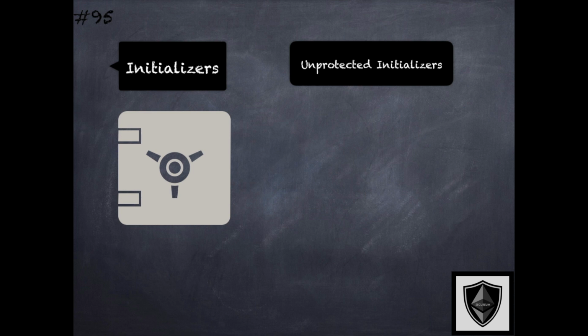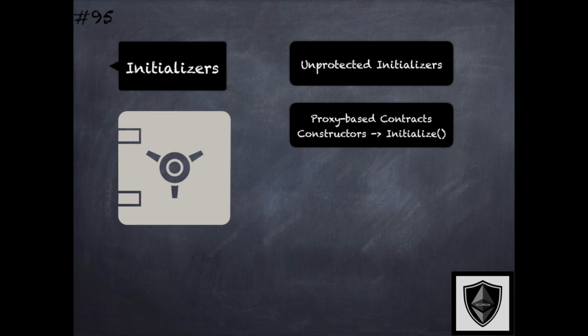So instead of a constructor, the implementation contract is expected to declare an initialize function which does all the required initializations for that contract. And such initialize functions need to have an external or public visibility because they need to be callable from an external contract, which is the proxy contract.